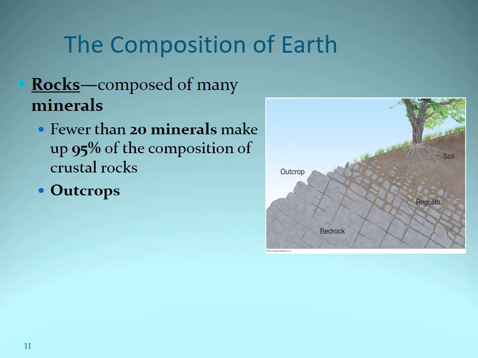Those are rock outcrops, and they're outcrops because they were at one time much further down into the surface of the Earth. But because of tectonic activity, earthquake activity, they have eventually made their way up to the top of the Earth, and now they're called outcrop. The part of the Earth where we see a much more stabilized rock formation is the bedrock.